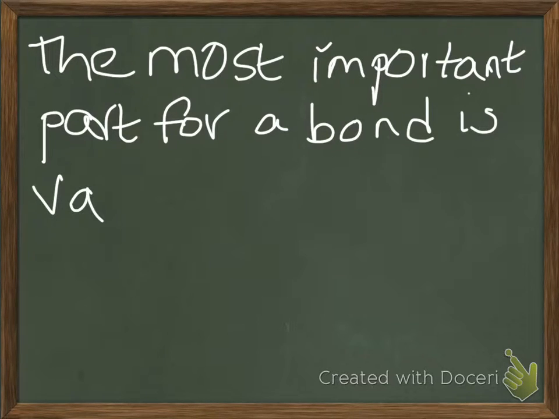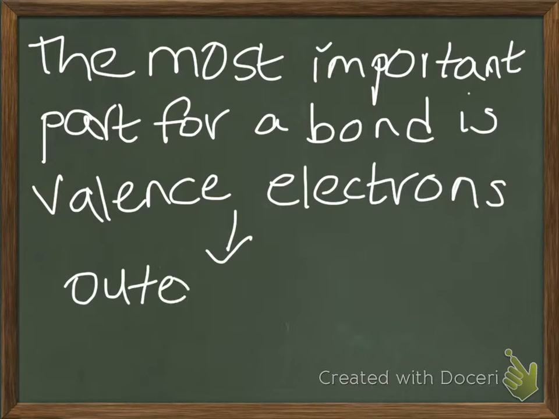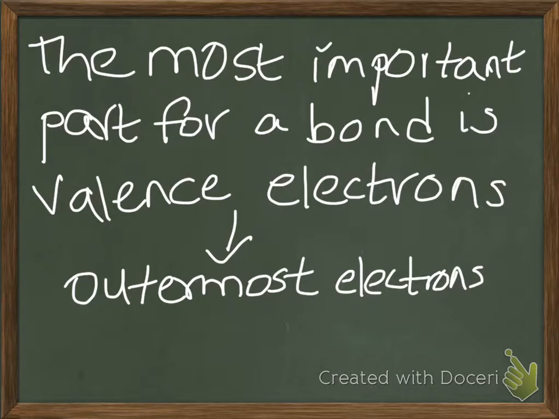valence electrons. So now you may ask, what are valence electrons? Basically, valence electrons are the outermost electrons in the shell of an atom.